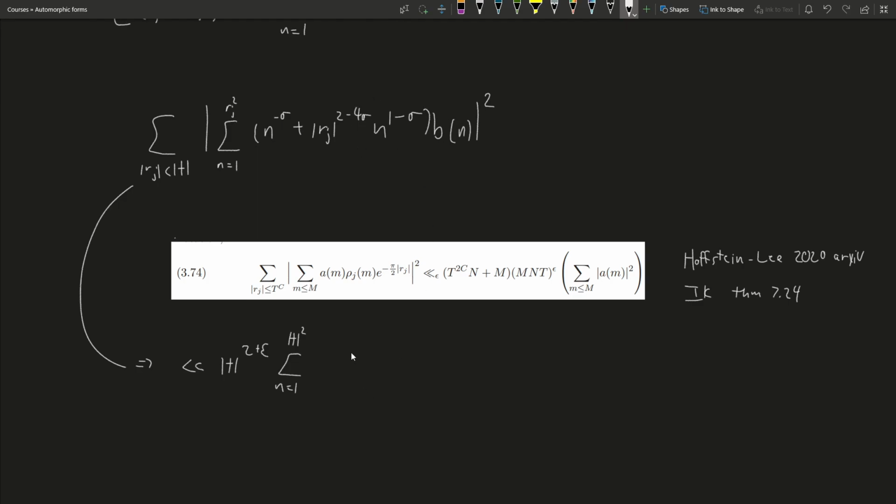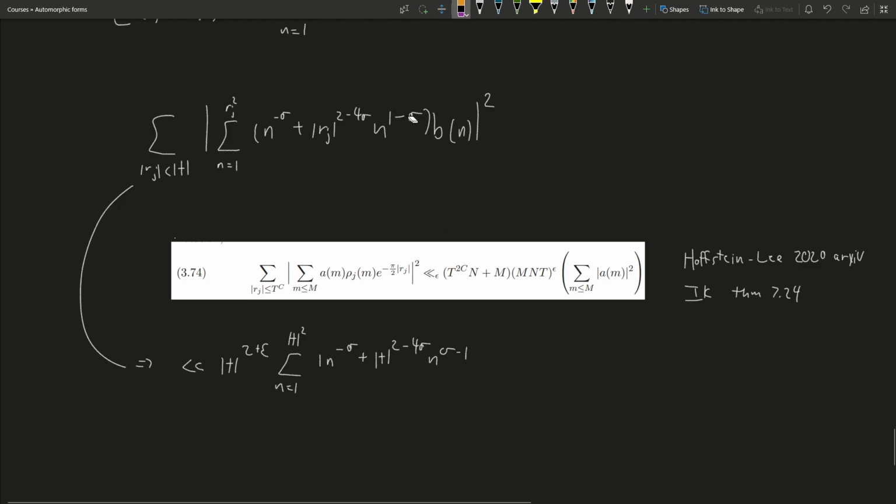So this is going to be n to the minus sigma plus, and then again I'll replace r with t because r is less than t. It's going to be t to the 2 minus 4 sigma n to the sigma minus 1. Oops, so this should be sigma minus 1 here, shouldn't it?